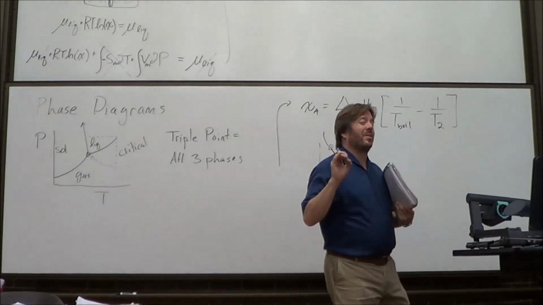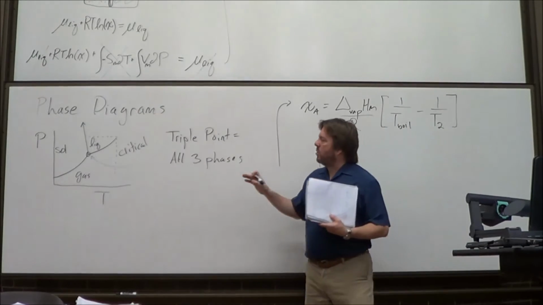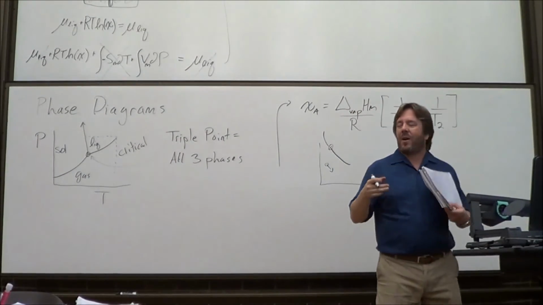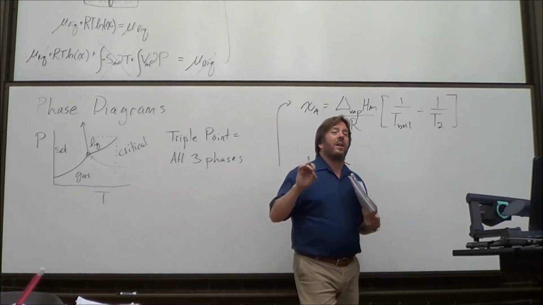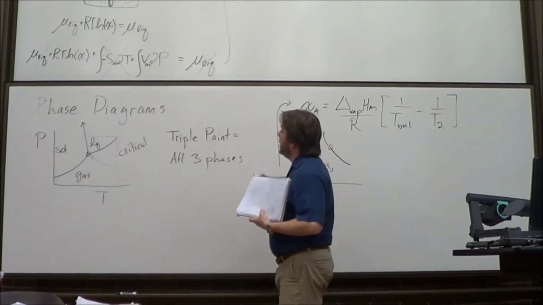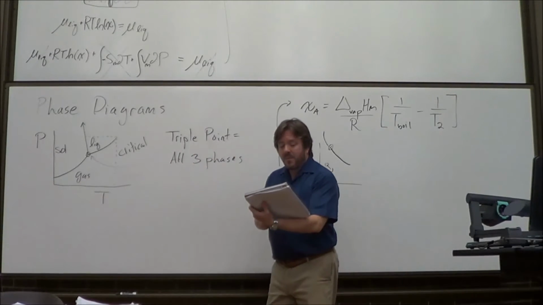Also, I want to point out, this is a single component, so this is just water. Actually, I've drawn a very water-like phase diagram. You'll understand that fully by the next hour. This is just for one thing. We're going to cover what happens if you add water and ethanol, how it changes, in a little bit. So this is what happens when we have all three phases together.